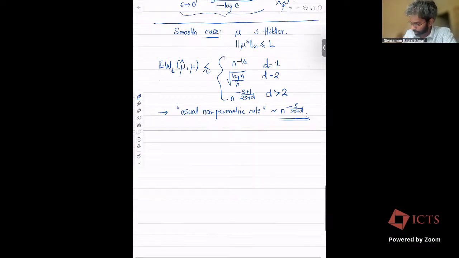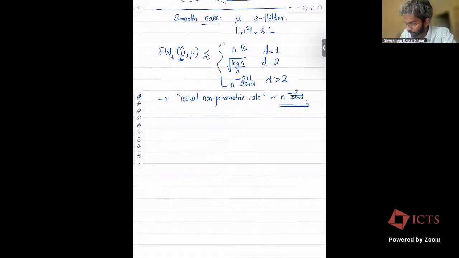And the other question that you can ask is, okay, does the empirical measure get this? And it'll turn out the answer is no. So the empirical measure does not adapt to smoothness, cannot take advantage of smoothness.